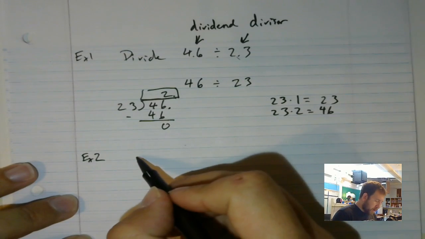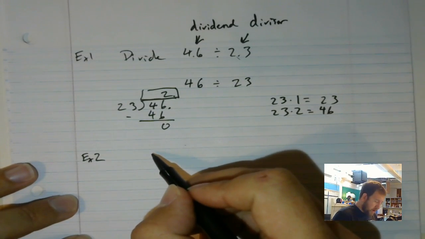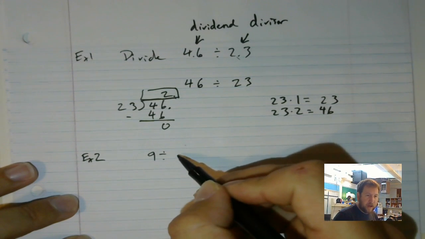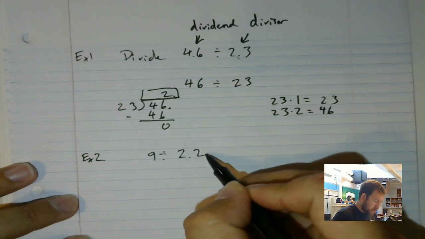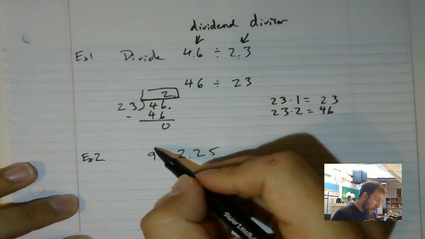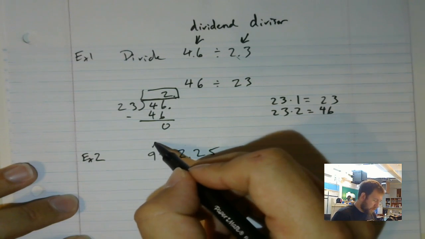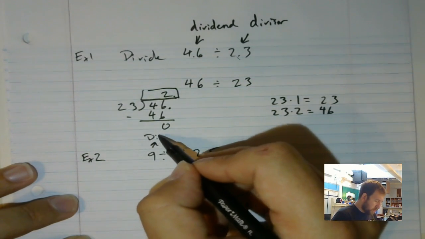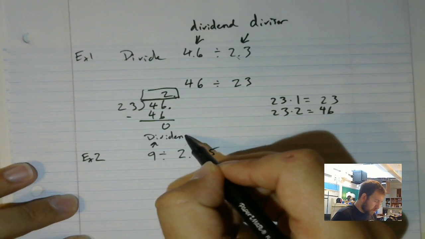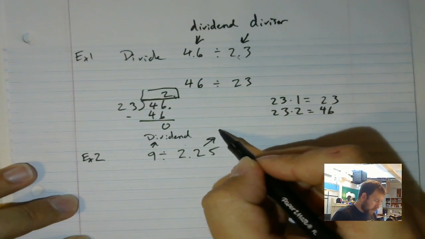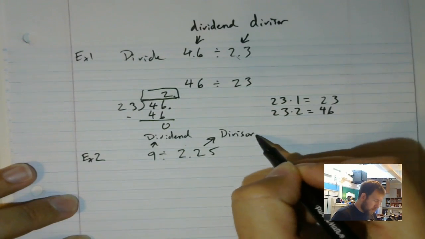We're going to look at the question of 9 divided by 2.25. Okay, so again I have my dividend and my divisor. Okay, then let's look.